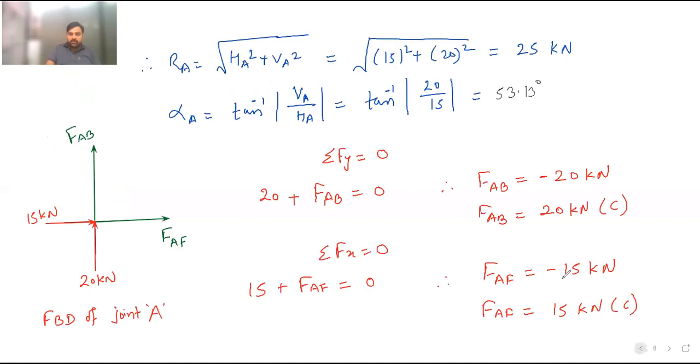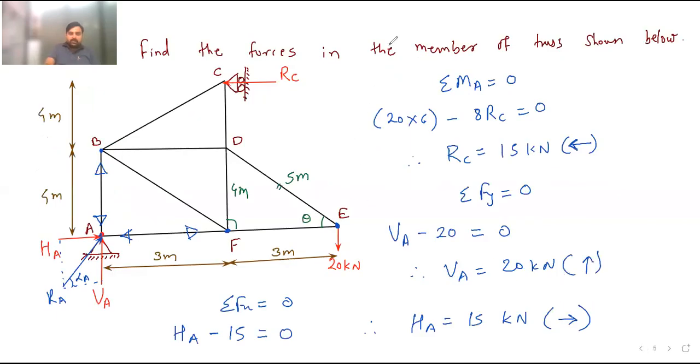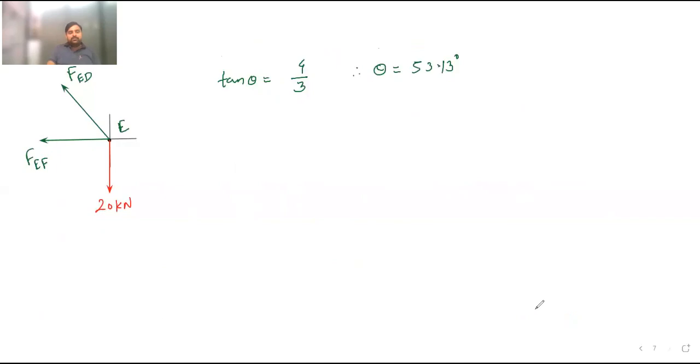So I will write over there, theta is 53.13 degree. This is the value of theta. I will clear this also, it is already known to you. Once I know the angle, it will become very easy for me to solve the problem. So now I will resolve the force into two components.